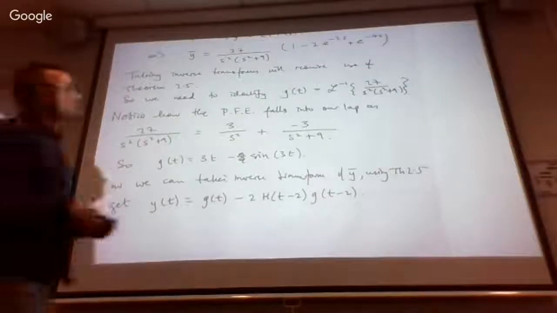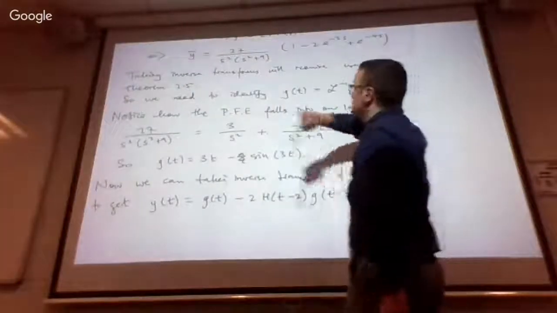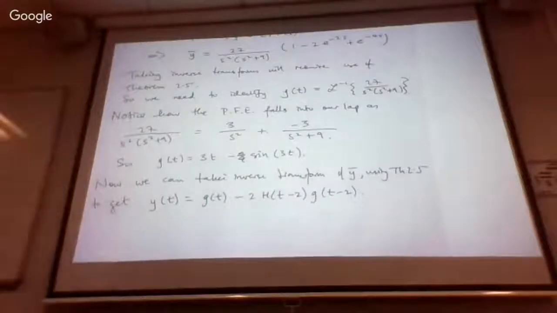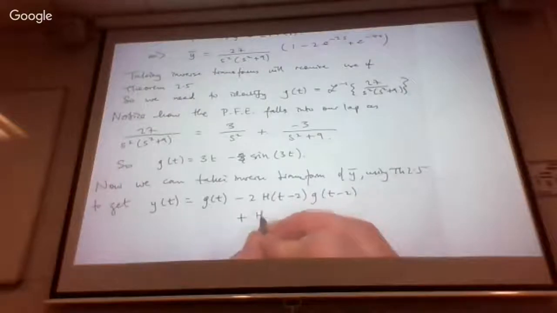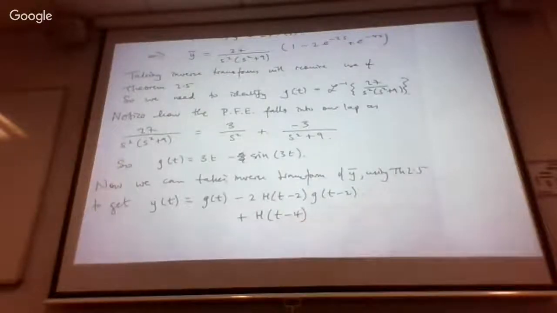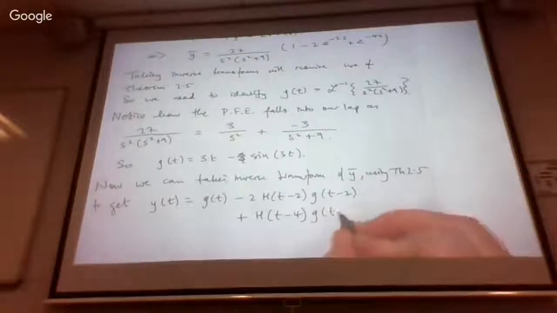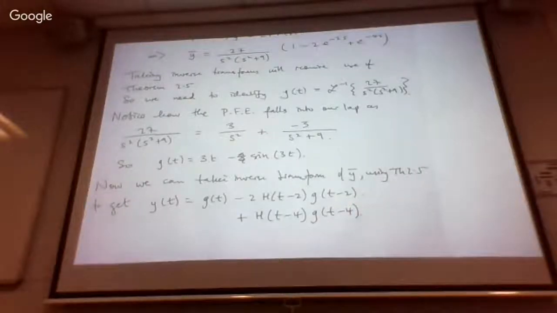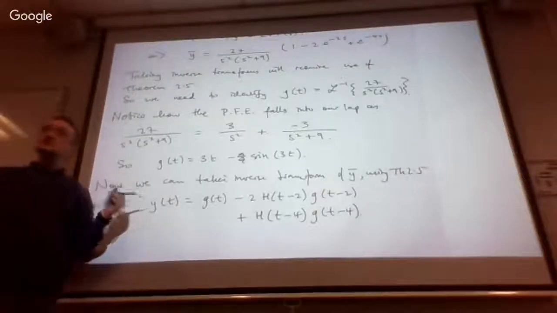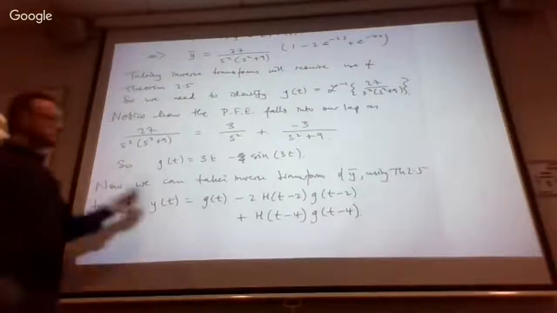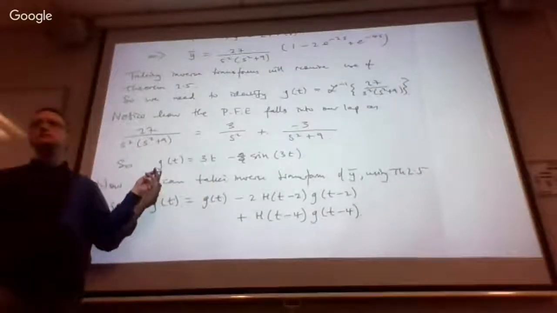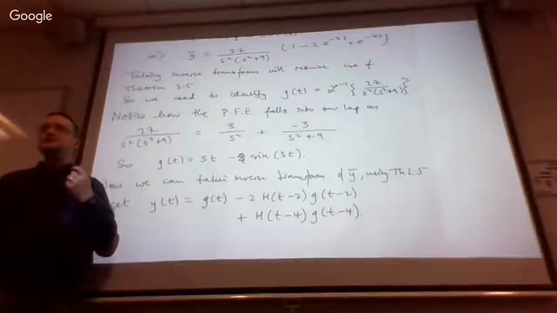And then the final part comes from this exponential e to the minus 4s multiplied by our 27 over stuff, which gives Heaviside h of t minus 4 multiplied by g of t minus 4. So this is our solution to the ODE. Three terms featuring this function g multiplied by various Heavisides.